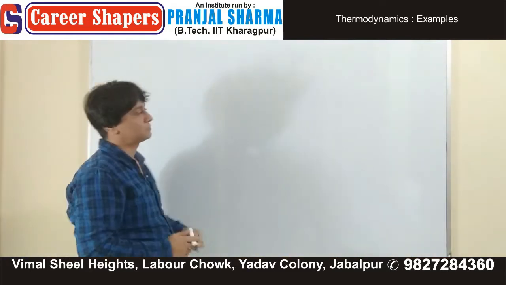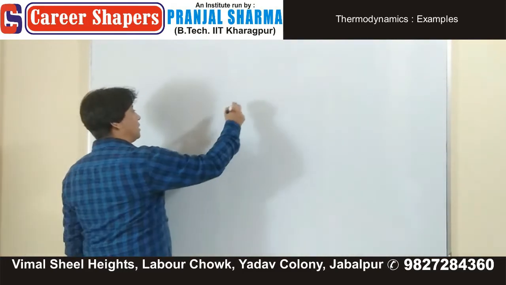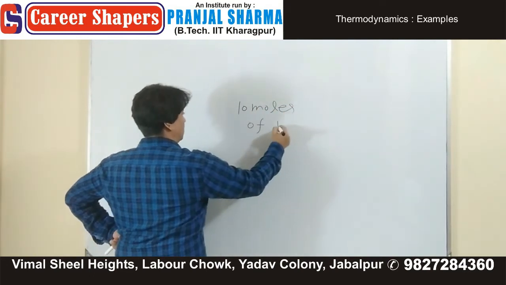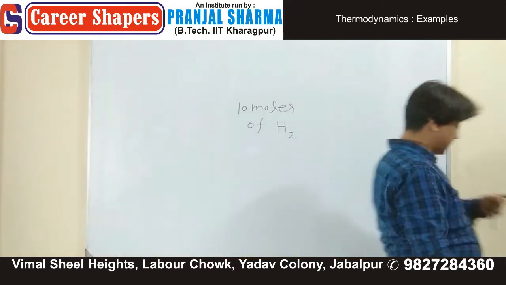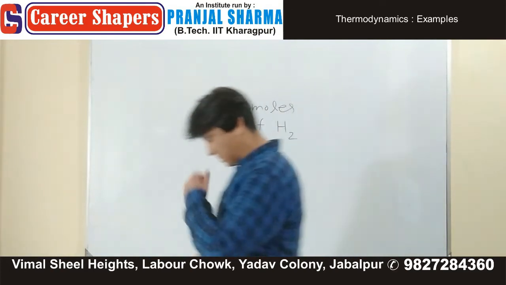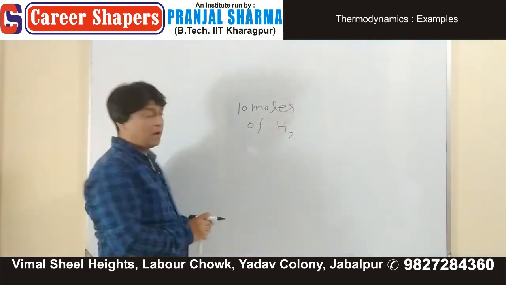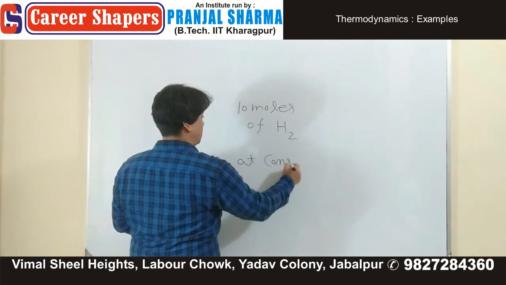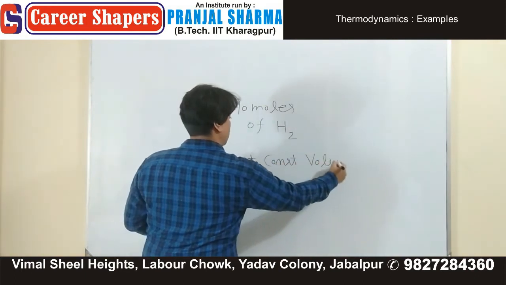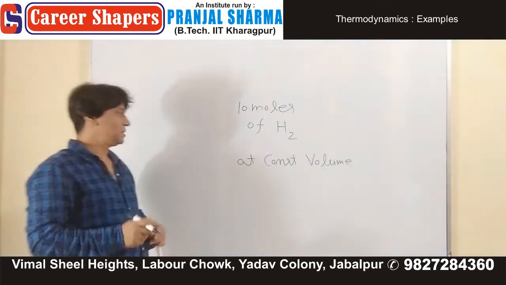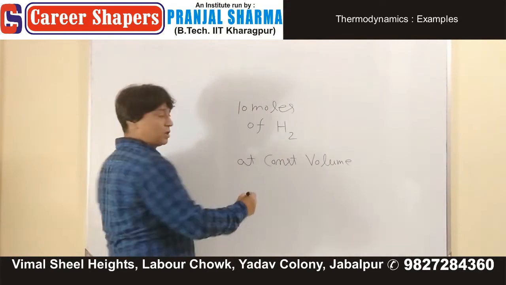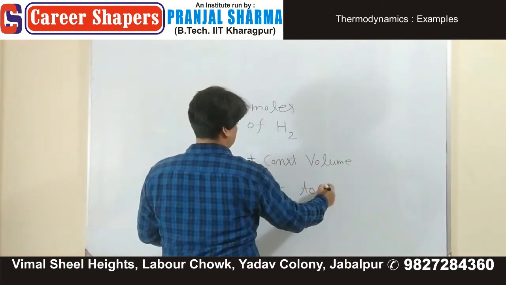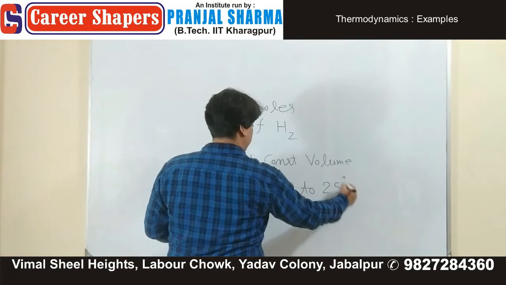Write down the question. 10 moles of hydrogen gas are heated at constant volume such that temperature increases from 20 degrees Celsius to 25 degrees Celsius.